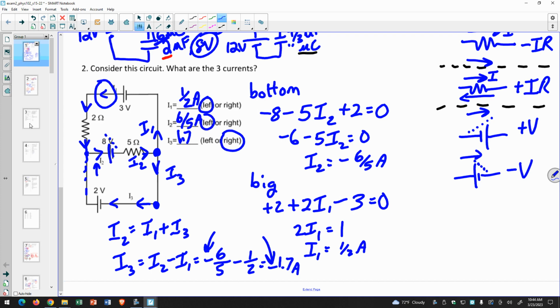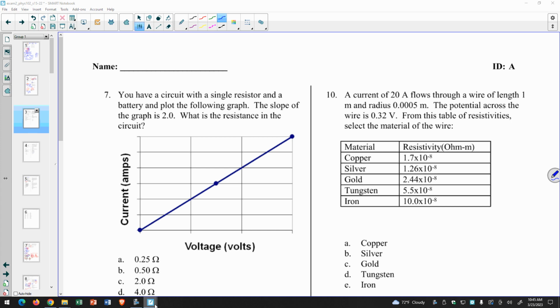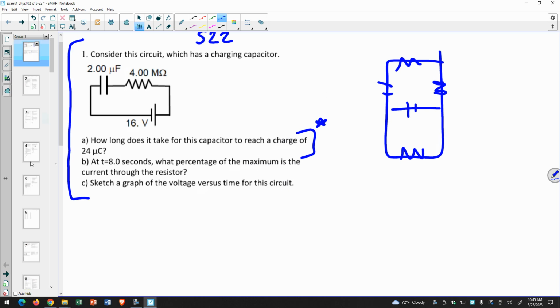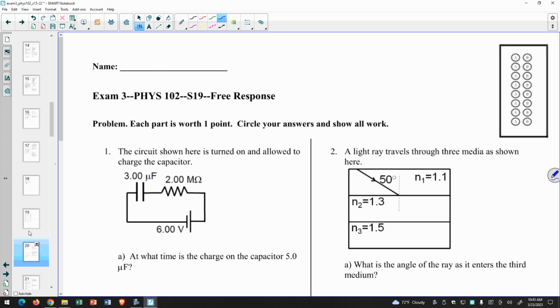Can you do spring 25? Exam what? Spring 20, exam 3. Spring 25 has not yet occurred. Exam 3, spring 20, number 5. Oh, okay. Number 5.